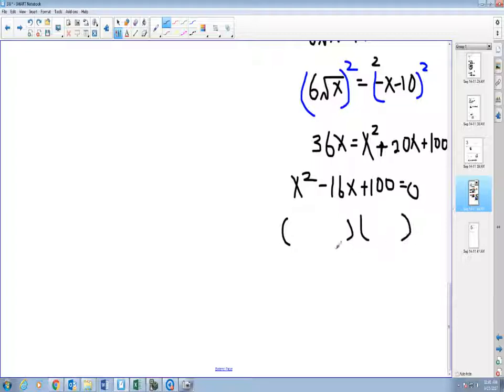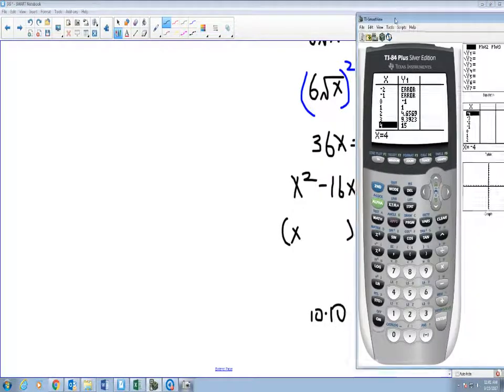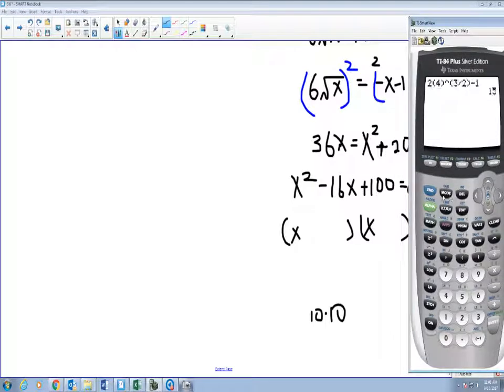Let's see if I can factor this. 10 times 10 obviously is 100. Besides 10 times 10, can 8 go into 100? 100 divided by 8, nope. 6?